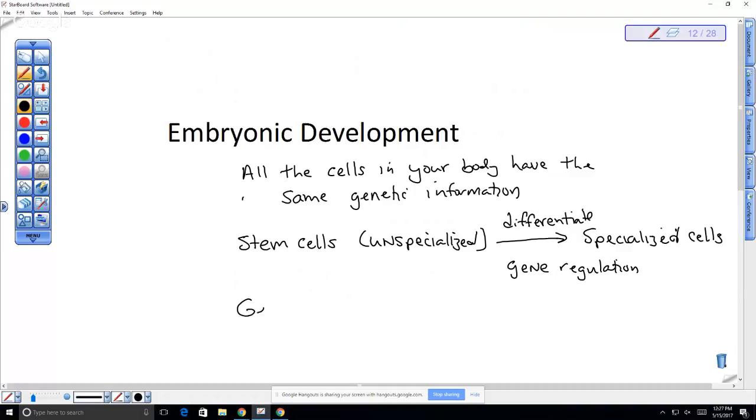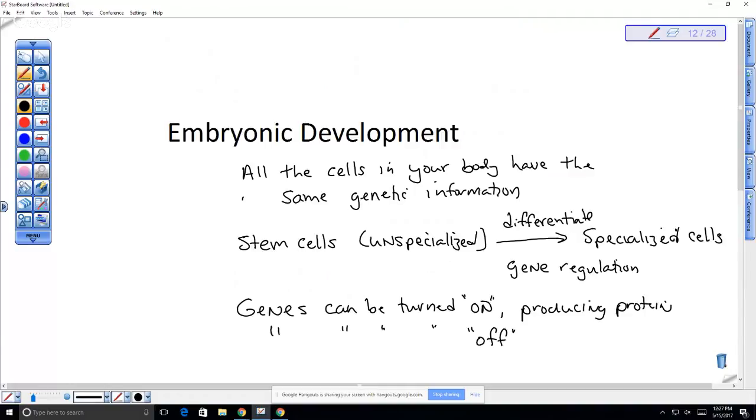So you can turn genes on, and this means that they're producing protein. Or genes can be turned off, and that means that they're not producing protein. So you can turn a gene on and off.